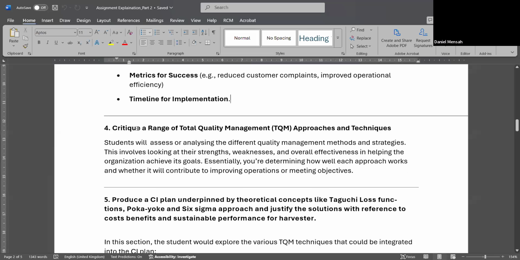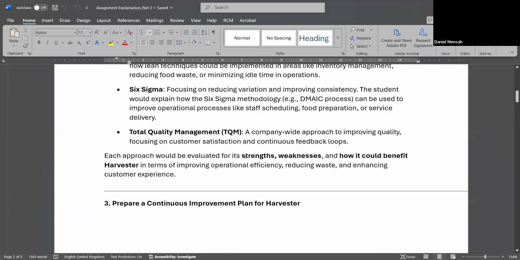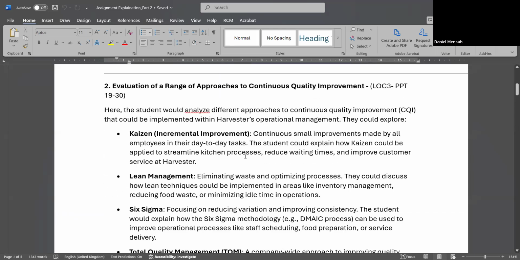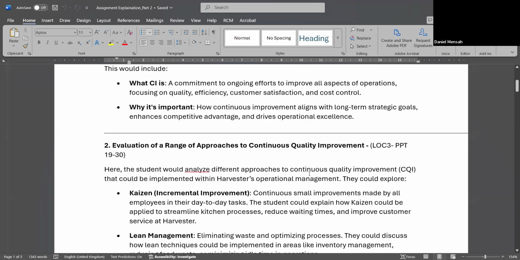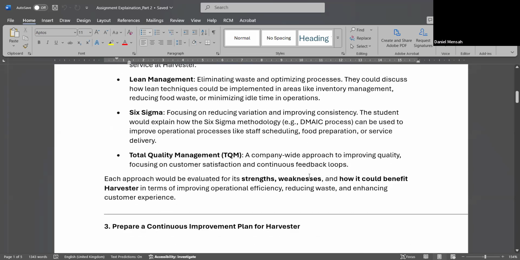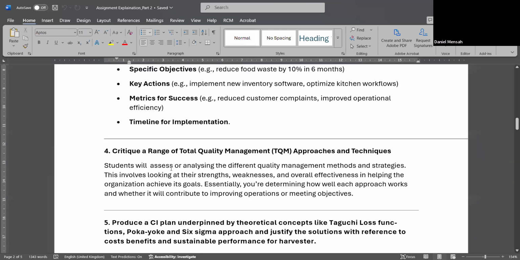The fifth part is to critique a range of total quality management approaches and techniques. Okay, so I think so. Total quality management approaches, have we discussed previously? No, these are continuous quality improvement. Okay.